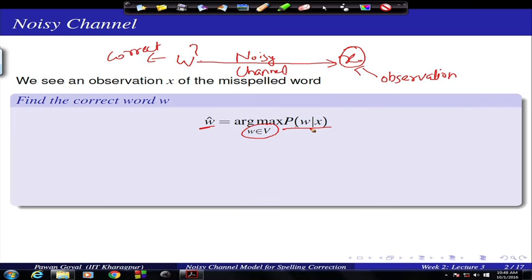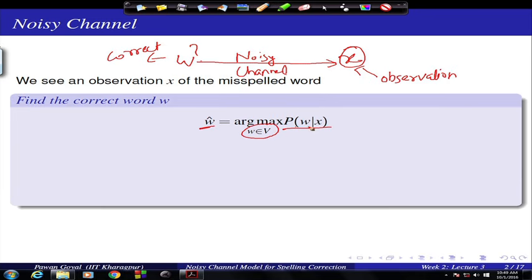Now, how do I compute this probability P(W|X)? You see, as per the noisy channel model, I first started with the word W, and then I went to the channel and I ended up with the word X. So I can only find out using my channel what is the probability of X given W. Okay, I will have to somehow use it to find out the probability of W given X.